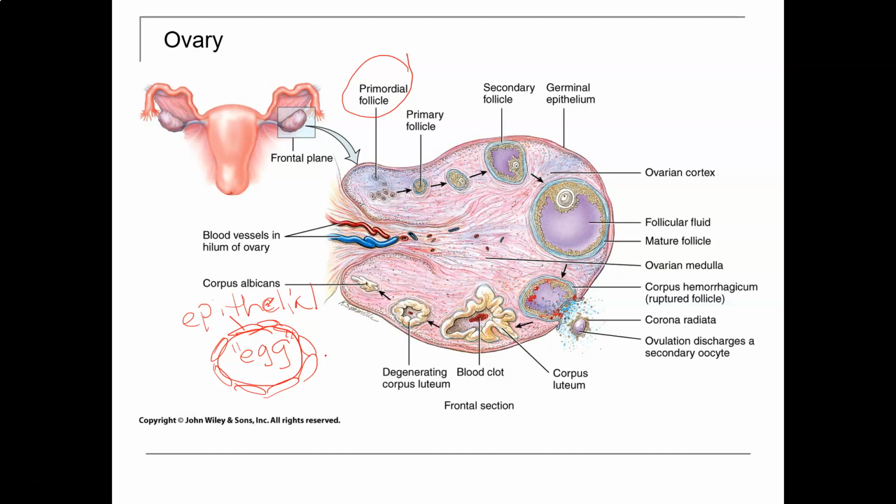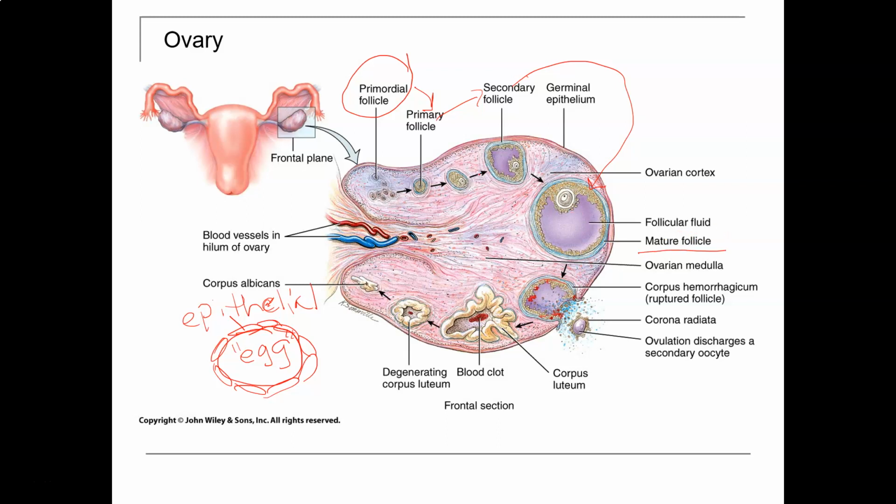Starting at puberty, during and repeating from then on a more or less monthly cycle, the ovary is going to have some, not all, but a few of these primordial follicles undergo some changes. Some of those primordial follicles will start to develop into primary, and then secondary follicles, and then not all of them, but usually just one of them ends up becoming the mature tertiary or Graafian follicle.